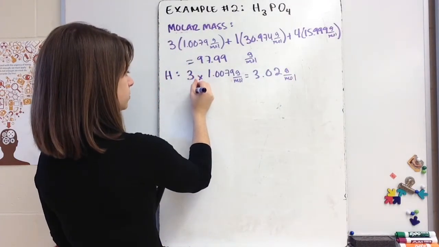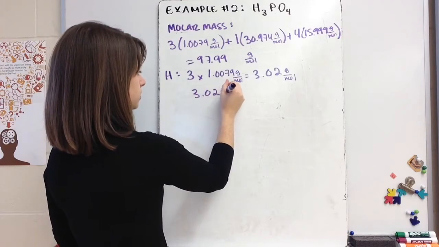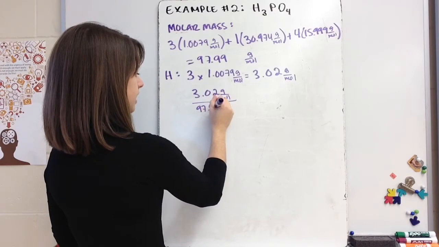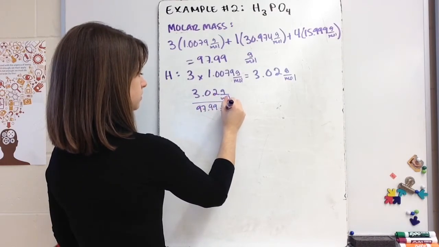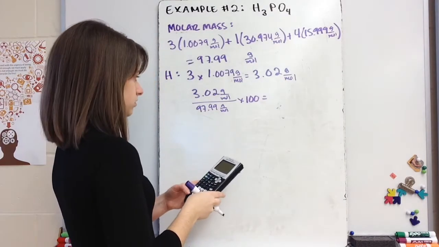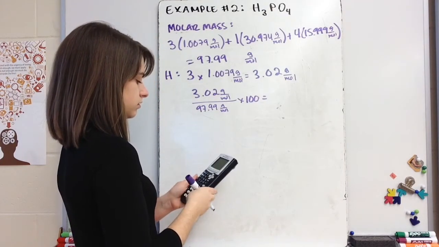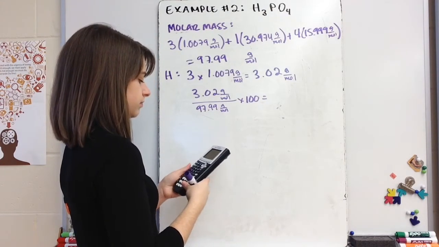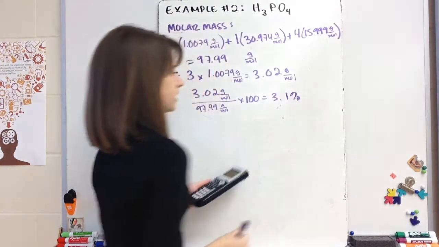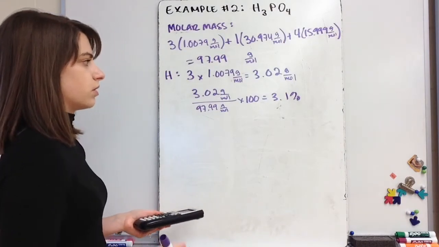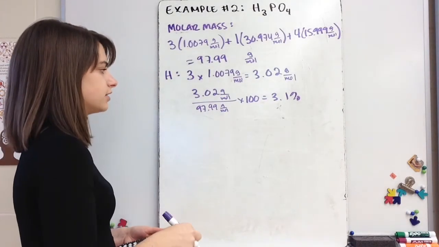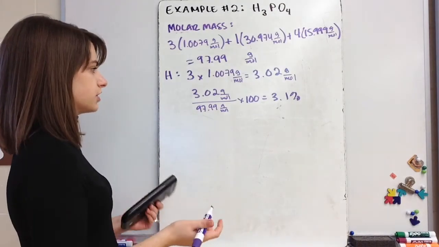Divide that by my whole, so 3.02 divided by 97.99 times 100. So 3.1% of the mass is due to hydrogen. So 3.1% of my 97.99 grams is hydrogen.